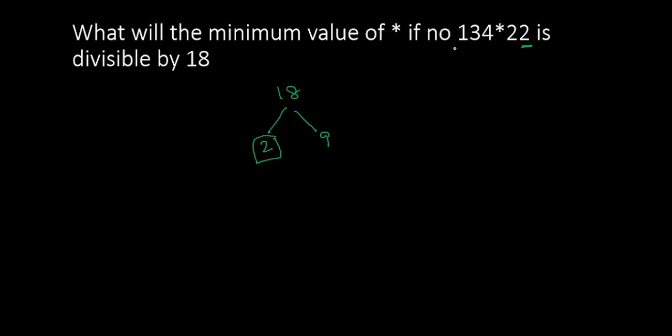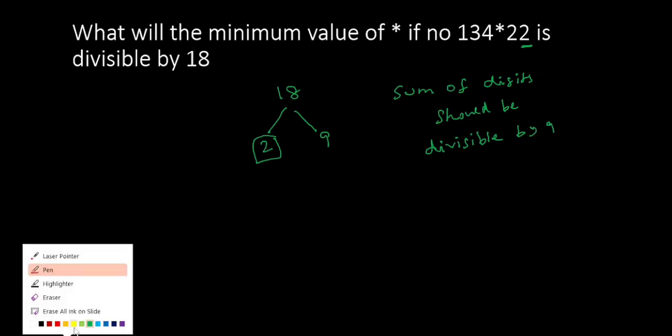They said it has to be a minimum number. So now the sum of digits should be divisible by 9.